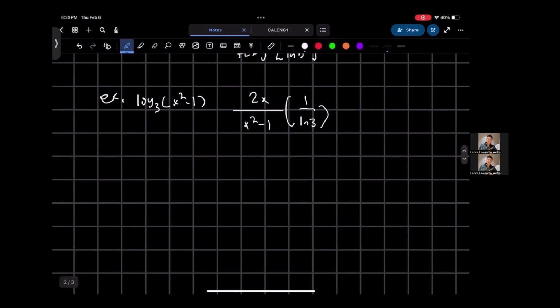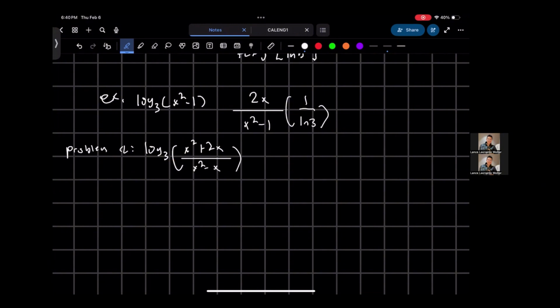Now let's go to something a bit more complicated. Problem 1, once again. So let's get the derivative of log base 3 of x squared plus 2x all over x squared minus x.